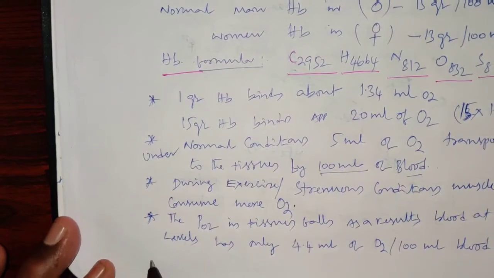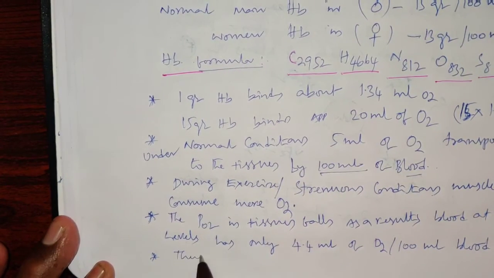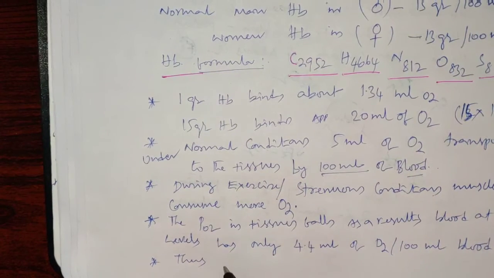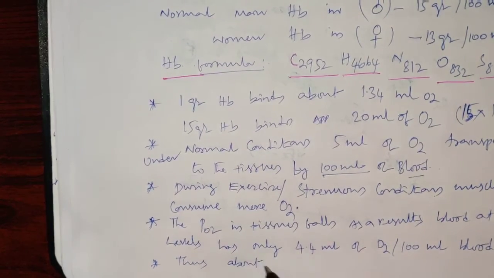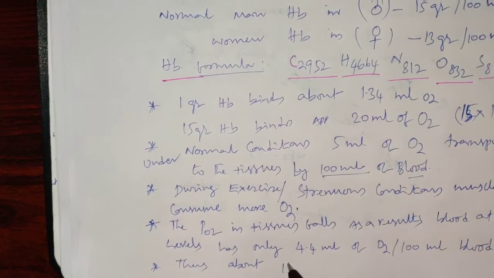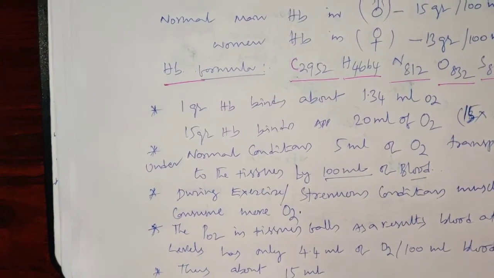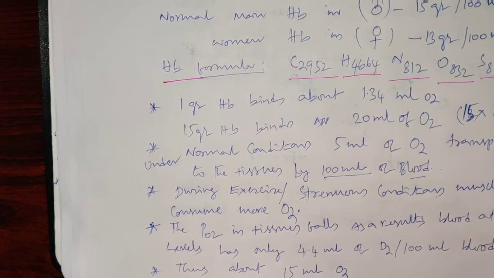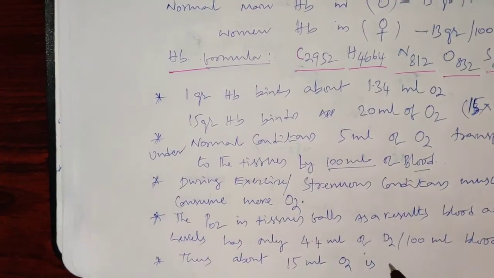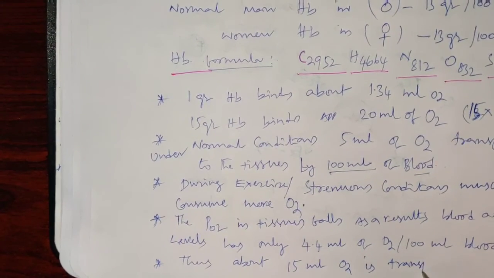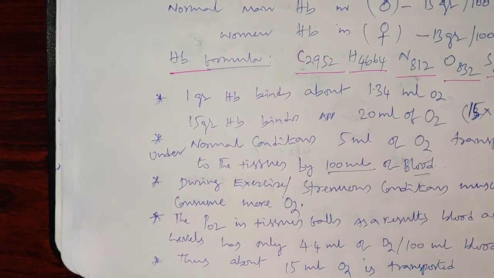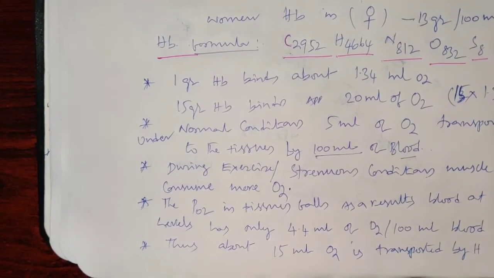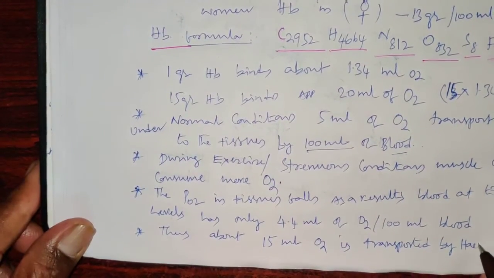Thus about 15 ml of oxygen is transported by hemoglobin.